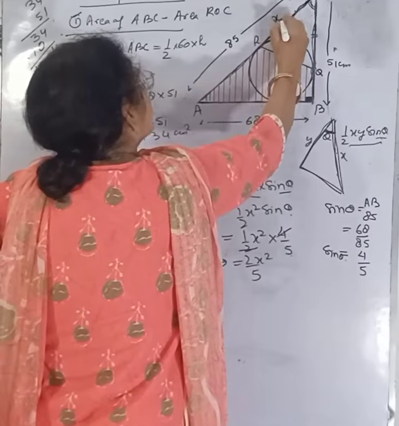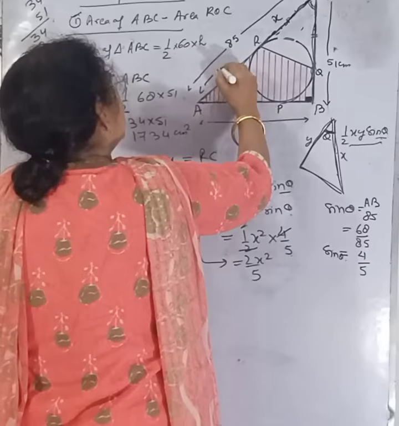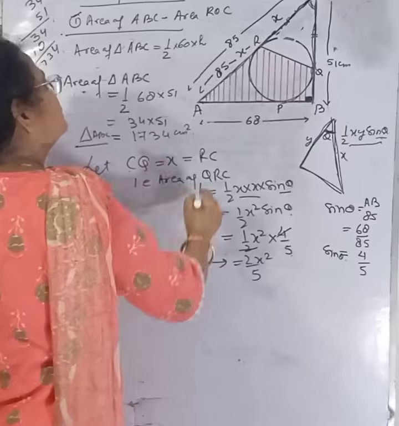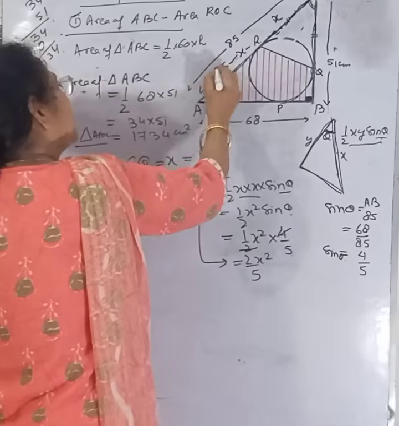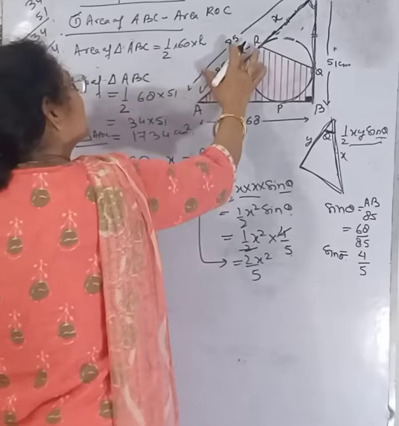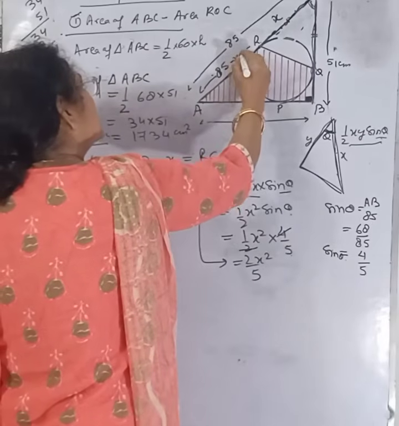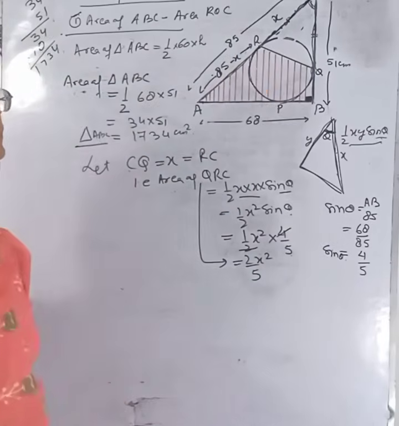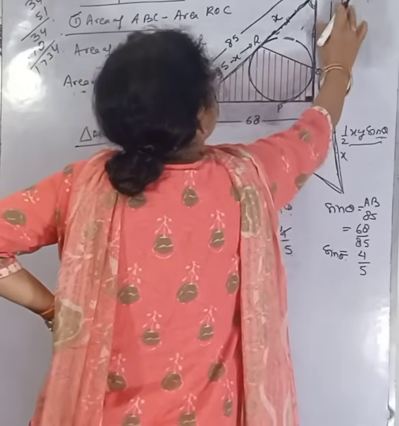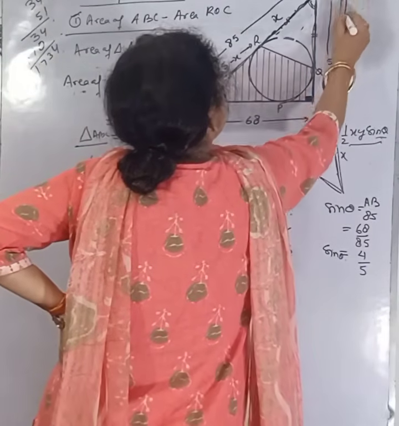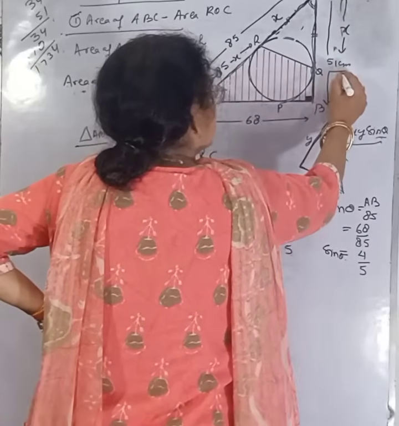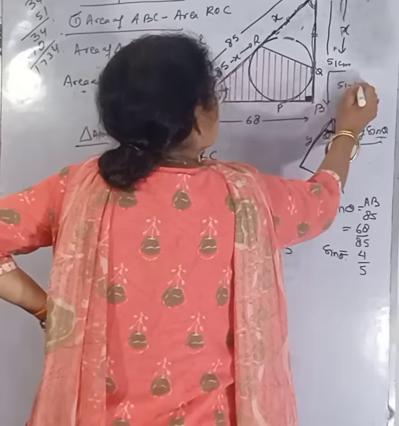This is x. It means this portion is 85 minus x. AR will be 85 minus x. And if this is x, it means this portion is equal to 51 minus x.